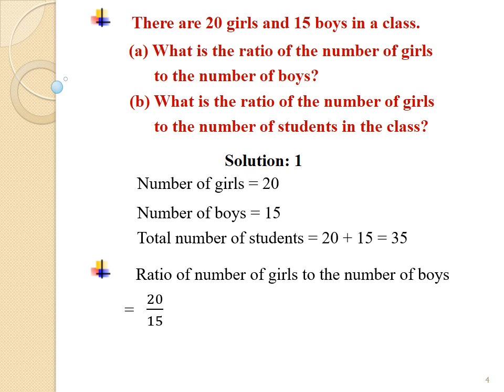Thus, reducing 20 upon 15 by their HCF 5, we get 20 divided by 5 upon 15 divided by 5 equals 4 upon 3 equals 4:3.